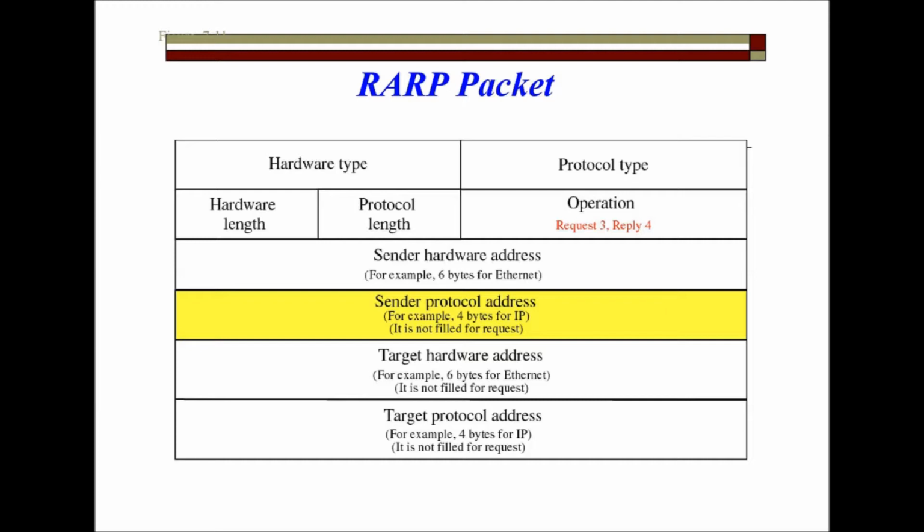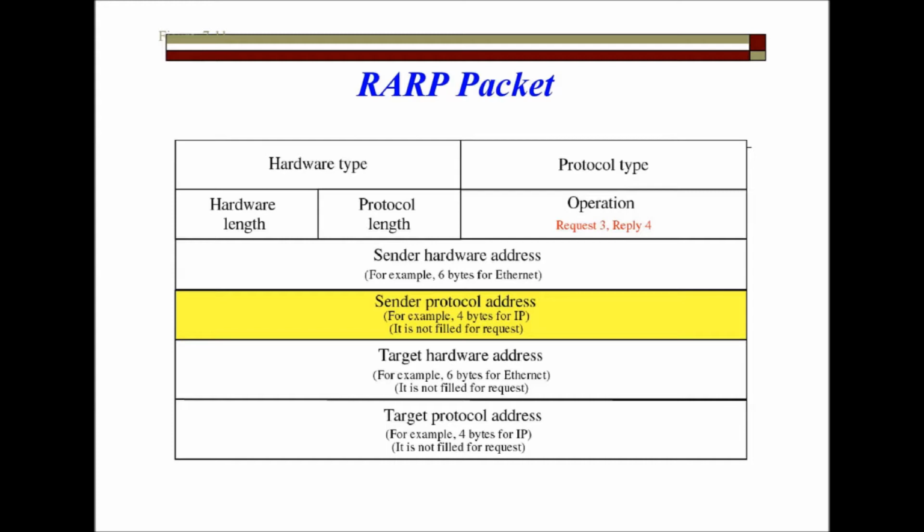Next is PTYPE, which is protocol type. Protocol type is defined as a 16-bit field, and as IP version 4 is 32-bit, ARP can be used with any higher layer protocol, as well as reverse ARP can be used with any higher layer protocol.